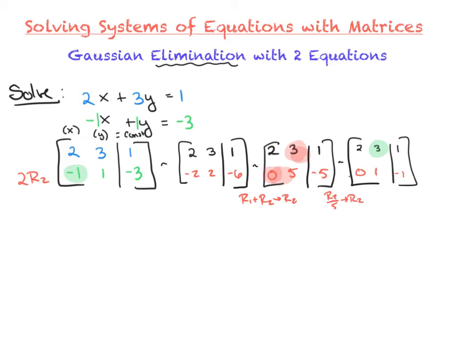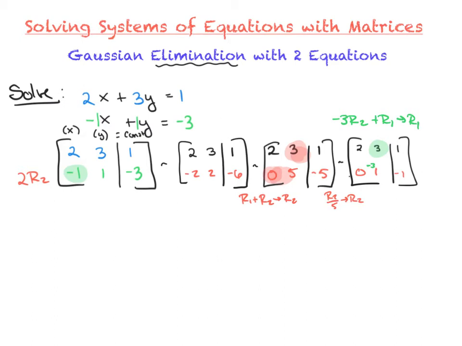If we multiply row 2 by negative 3 and add that to row 1, storing that result in row 1, we should get a 0 where our 3 is.